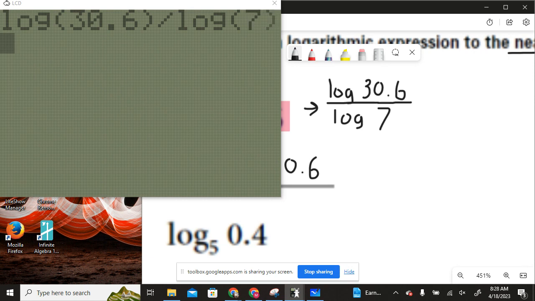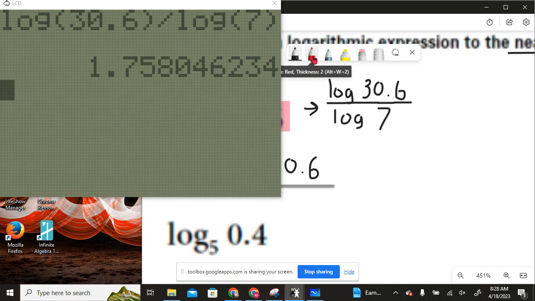Now we don't have to worry about messing with the base or anything like that. This is going to evaluate this to base 10. We're just going to hit enter after we get these parentheses closed. So from this, we get this decimal. This decimal represents the exponent that we need.